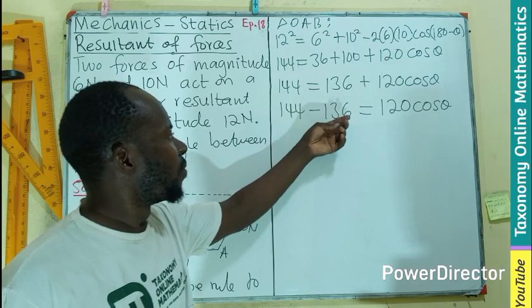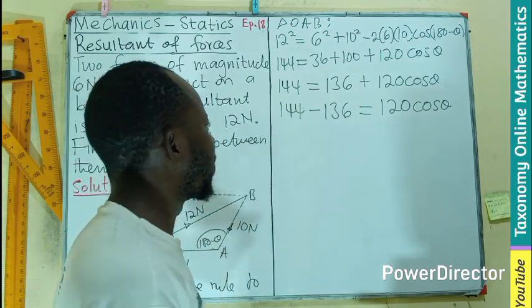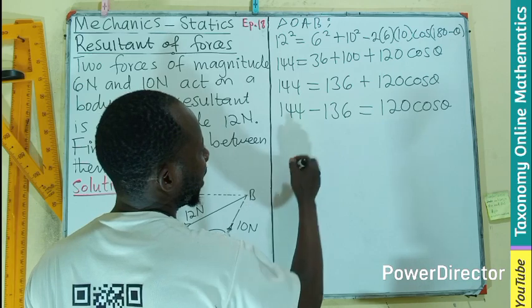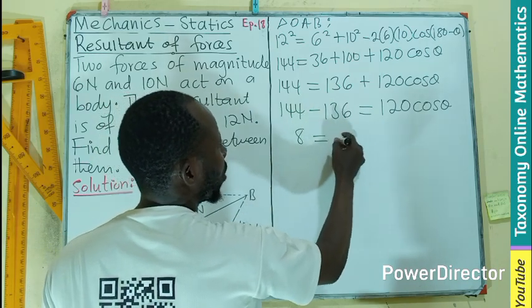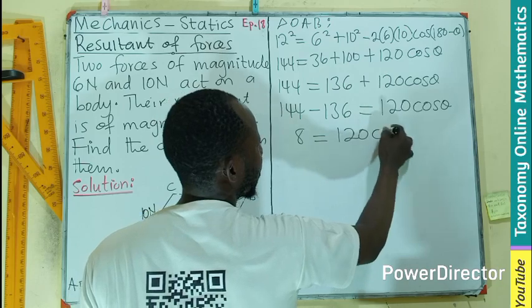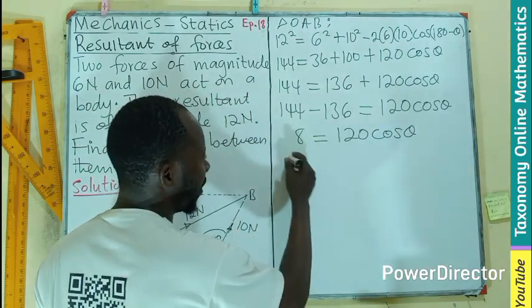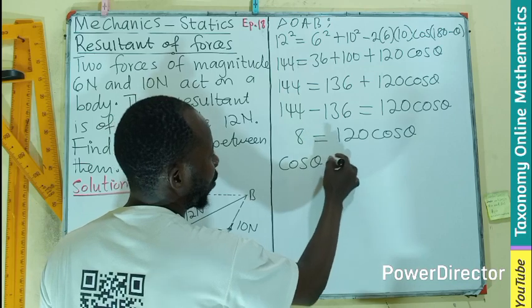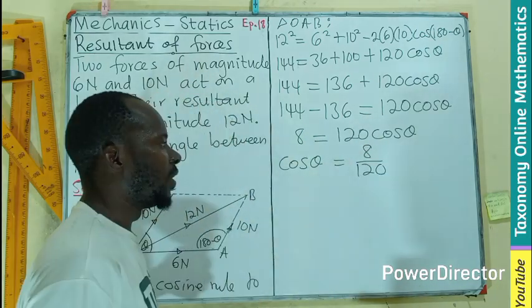I guess 4 here, making it 40. So we have 8, if I'm not lying. That should be 8. So we have 8 equals 120 cos theta. So let's divide both sides by 120. Your cos theta will become 8 divided by 120.